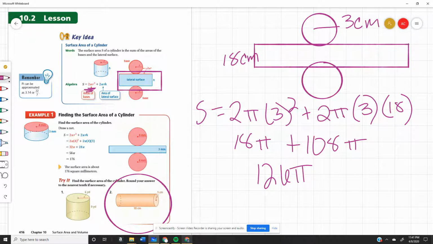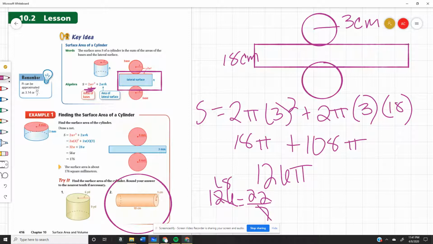126 is a multiple of 7. I know that because I just did 126 divided by 7. So I would use 22 over 7. I had a brain fart, guys. 22 over 7. Okay. And then 7 goes into 126 18 times.